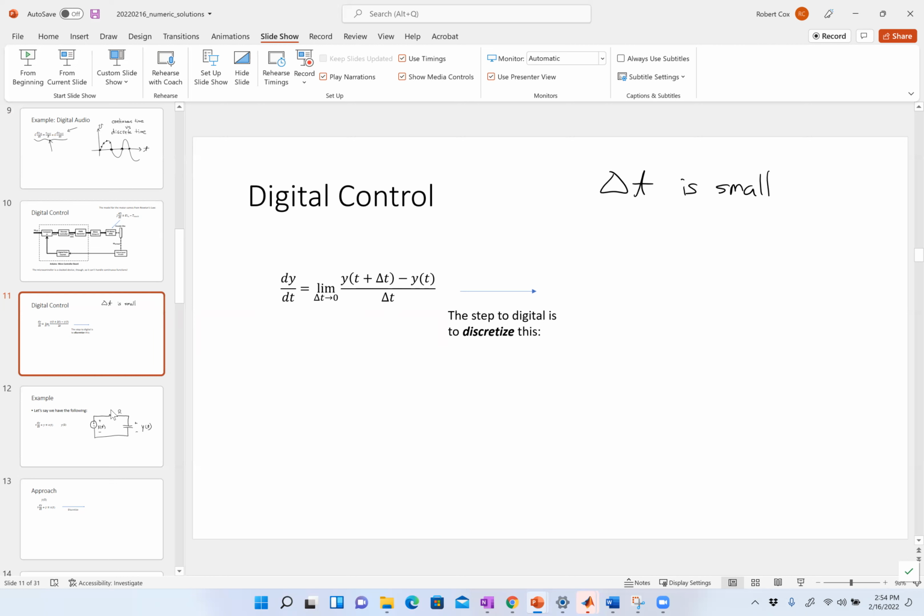We need to go back and focus on what small means, because small does have a meaning. We need to come up with a way to choose that. So if I made that decision, I could say that the derivative dy by dt is, something mathematicians don't like to do, but I'm going to say it's approximately this.